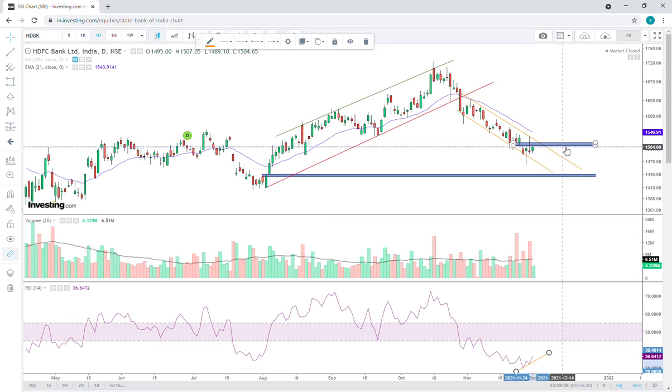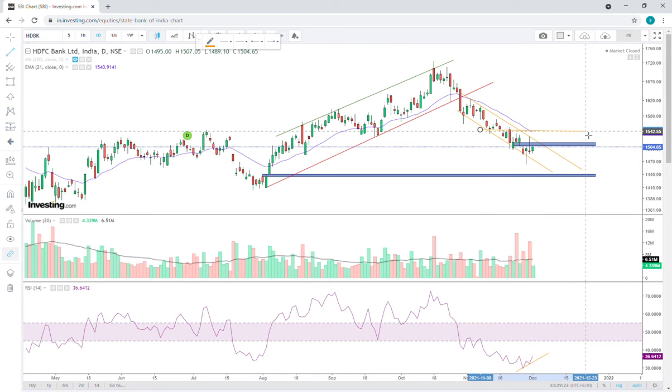Now, if HDFC Bank gives a gap up at 1509, if tomorrow's opening price is 1509 and is sustained above that, then there will be a change in the trend, which could lead HDFC Bank to 1540 to 1547.50. And the next lower highs, what are the lower highs it has created in this channel?